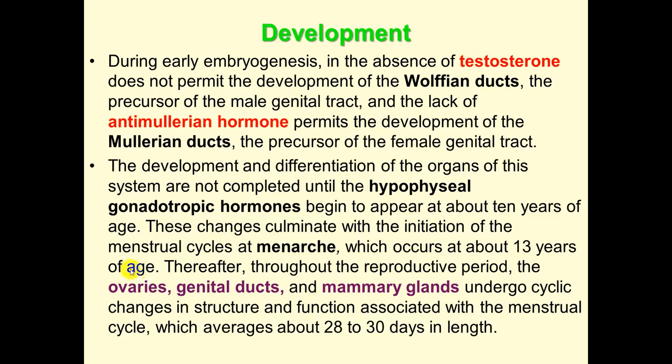It depends on the personal features of the girl, maybe earlier, maybe later, but approximately 13 years of age. Throughout the reproductive period, the ovaries, genital ducts, and mammary glands undergo cyclic changes in structure and function associated with the menstrual cycle, which averages about 28 to 30 days in length.